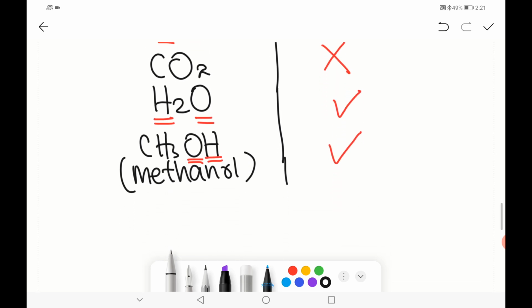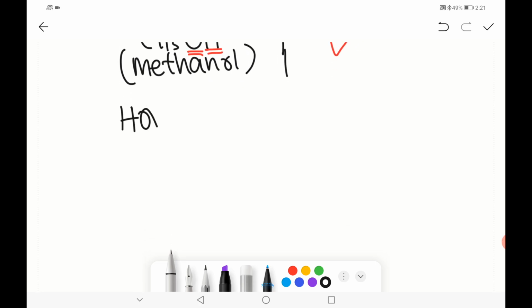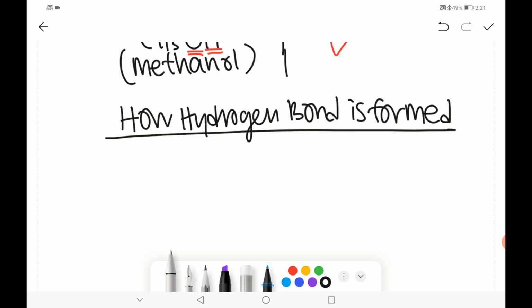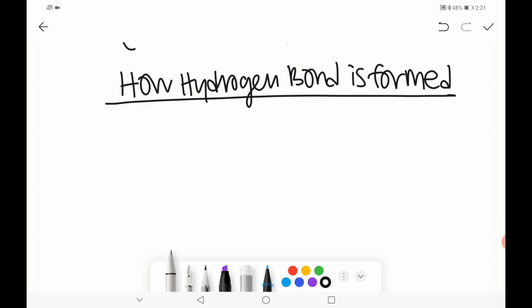Now the second part that we need to learn together is how the hydrogen bond is formed. For the first part, we only learned who can form hydrogen bonds. Now we will learn how hydrogen bonds are formed.